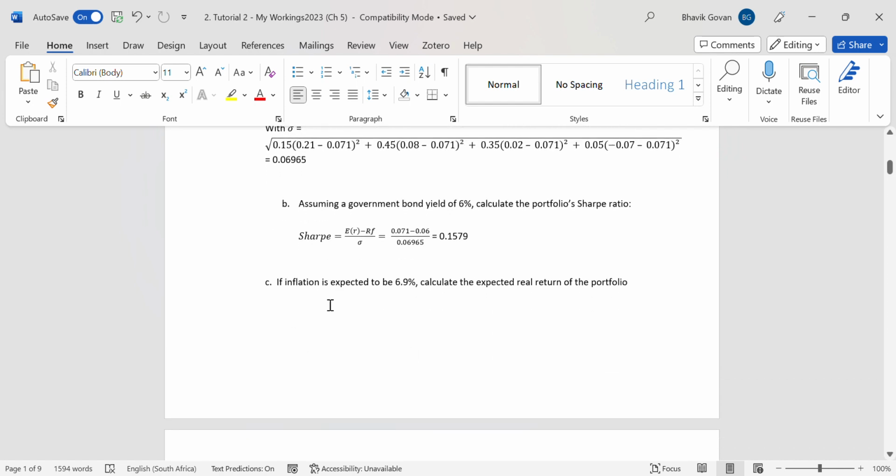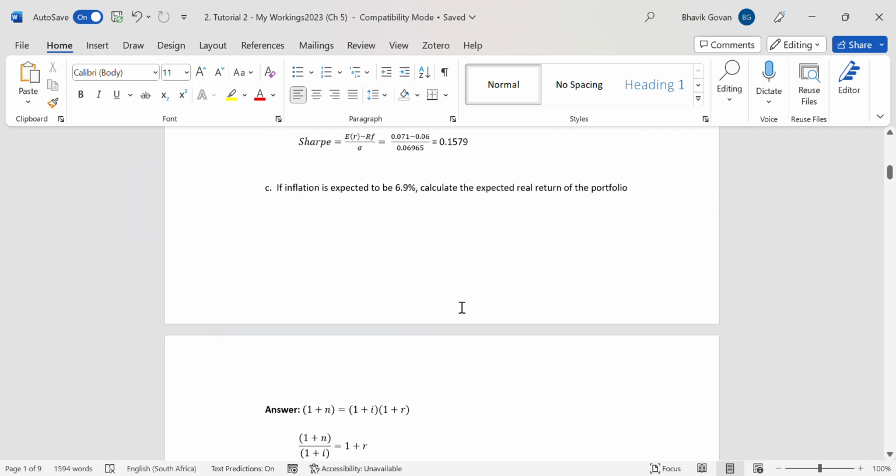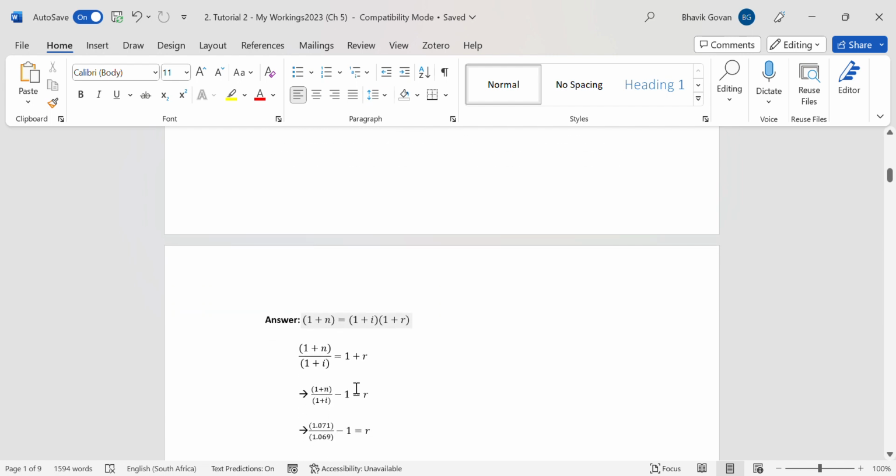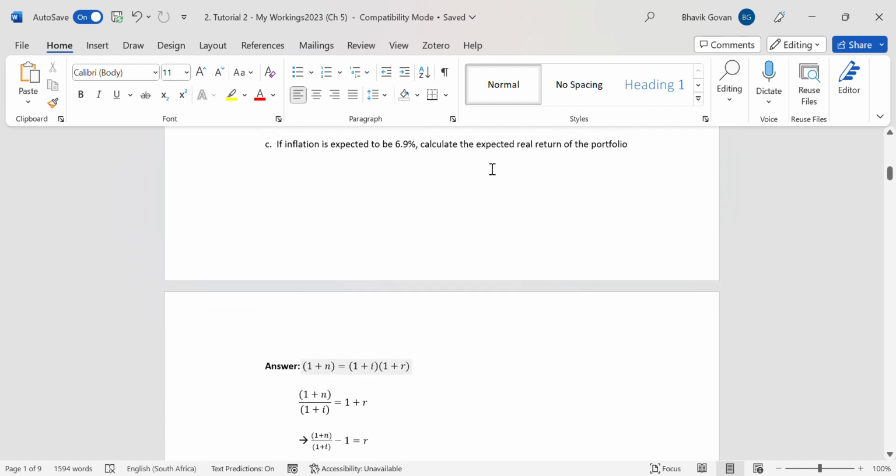And then if inflation is expected to be around 6.9%, calculate the expected real return of the portfolio. So remember, 1 plus the nominal rate is equal to 1 plus the inflation rate times 1 plus the real rate. Because we want to find the real rate of return, we just need to make R the subject of the formula.